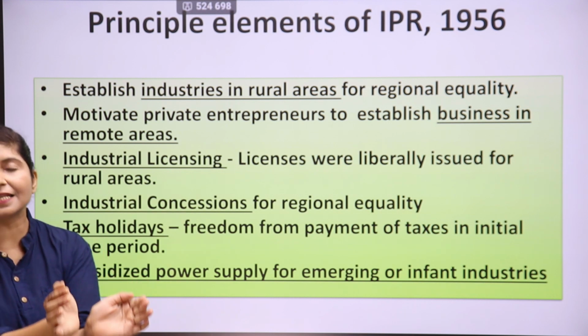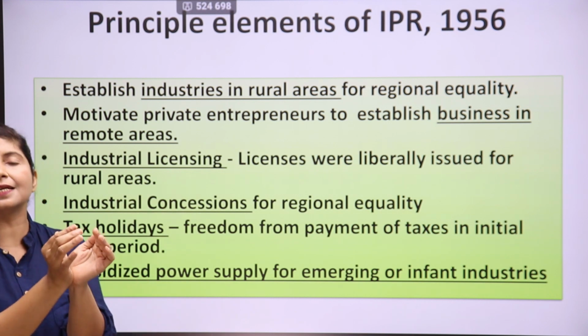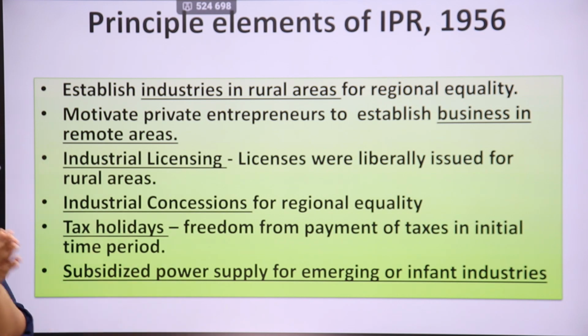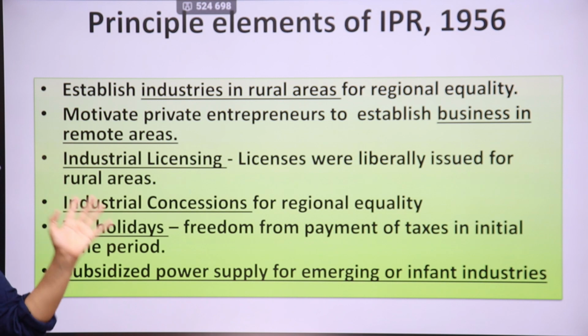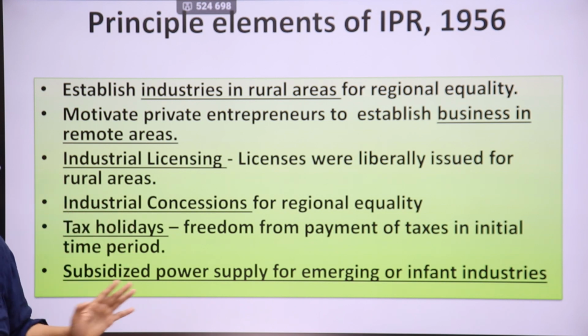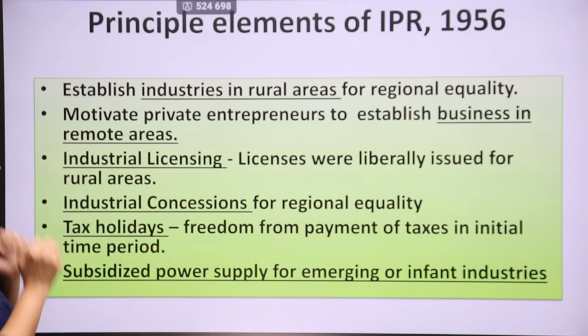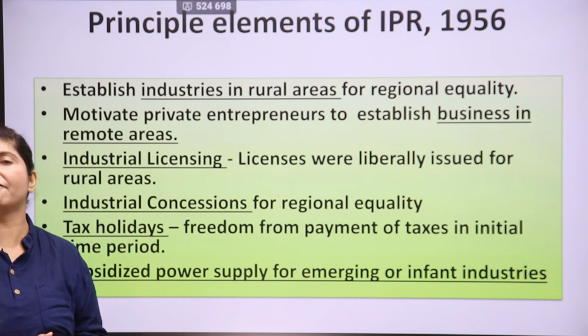My industry is in its initial phase. So all industries which are in emerging and initial phases are known as infant industries. They are not fully grown up. They are not powerful enough to compete with other industries. That's why they are infant. So subsidized power supply means they were given power supply at lesser rates.